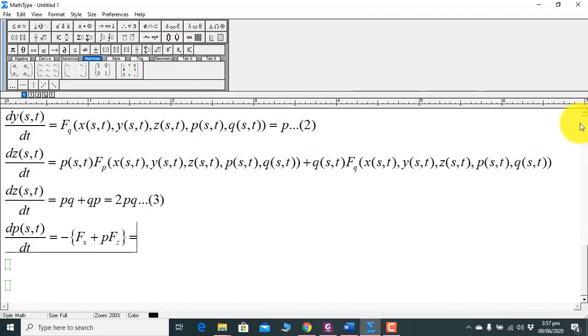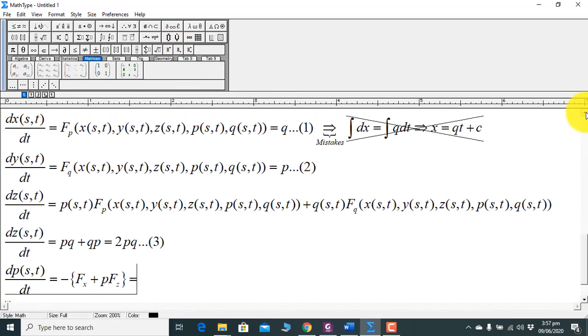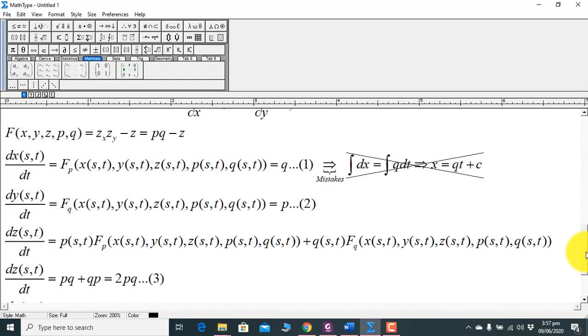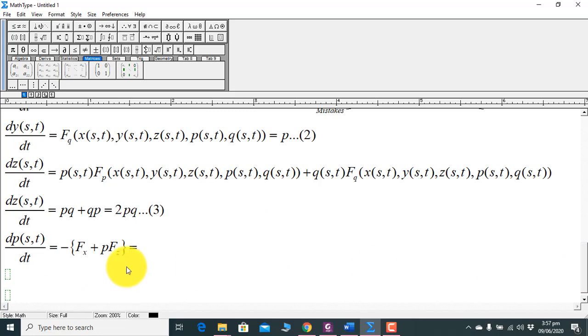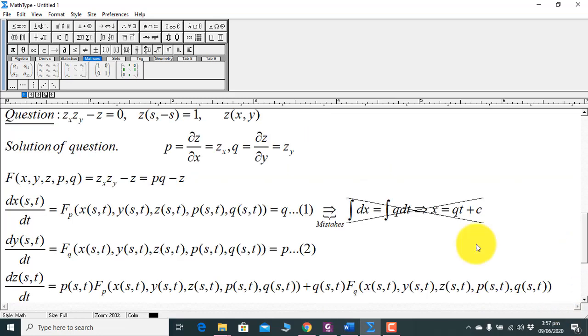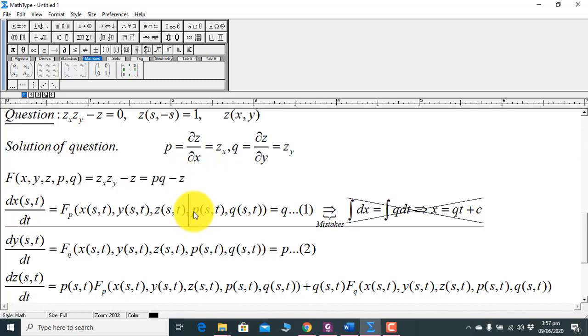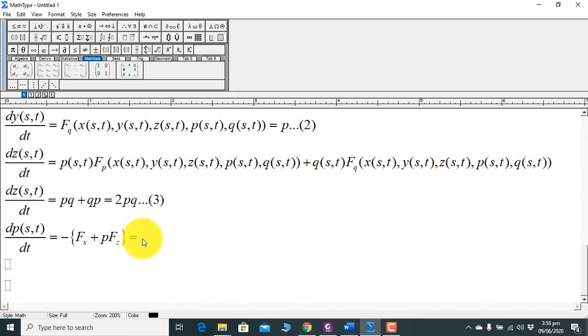Just write the answer. What was capital F? Please don't forget, capital F was pq minus z. So try to calculate the derivative with respect to x. There is no x involved in capital F. Look, in the expression there is p, there is q, there is z, but no x. And what will be the answer? Fx will be 0. So the answer is minus, fx is 0 plus p fz.